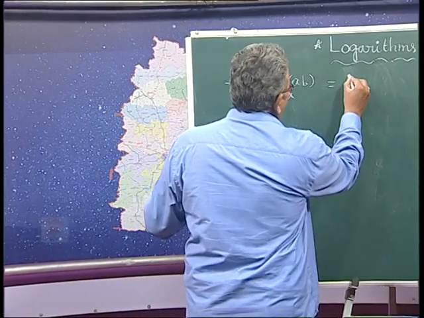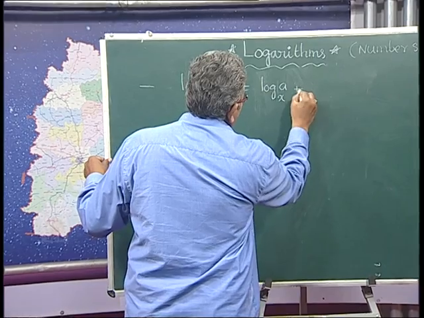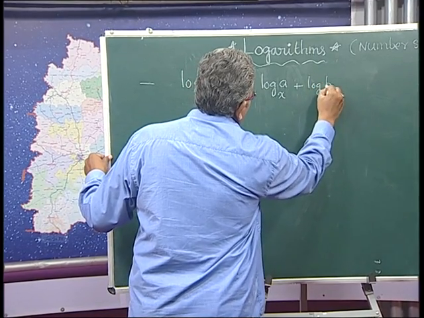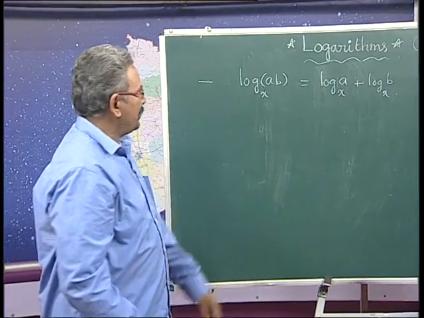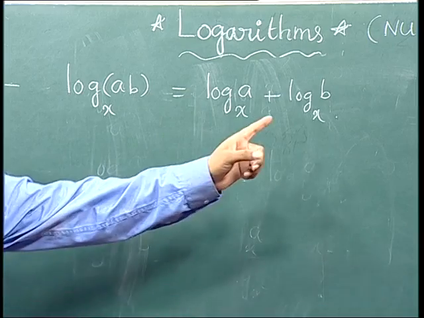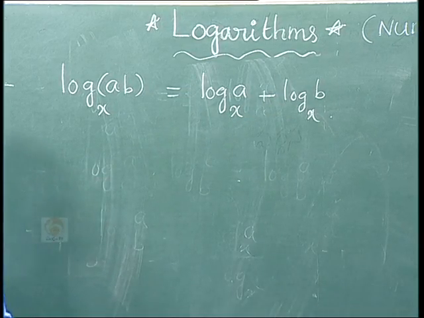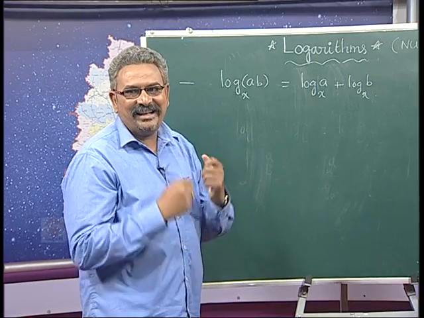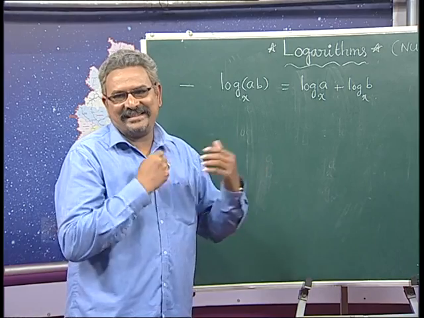Here we get log a to the base x plus log b to the base x. Its converse is also true. Whenever log a to the base x plus log b to the base x is there, that can be written as a single logarithm, log ab to the base x.